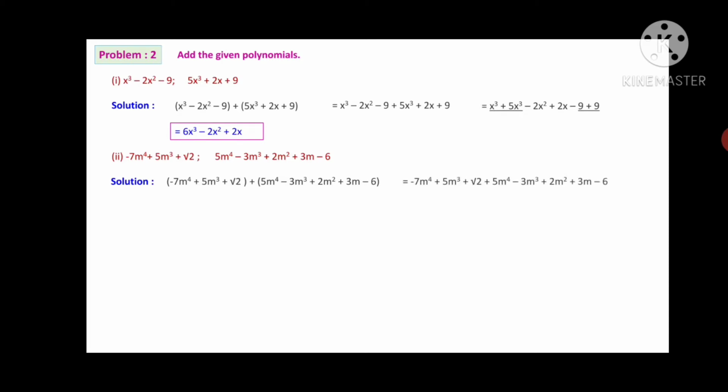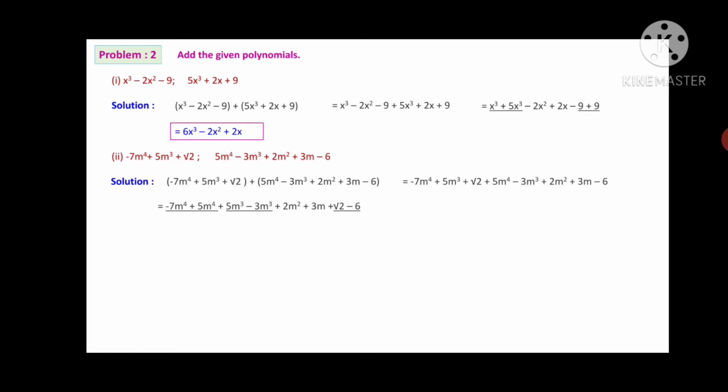So this will be equal to minus 7m fourth plus 5m cube plus root 2 plus 5m fourth minus 3m cube plus 2m square plus 3m minus 6, which is minus 7m fourth plus 5m fourth plus 5m cube minus 3m cube plus 2m square plus 3m plus root 2 minus 6.